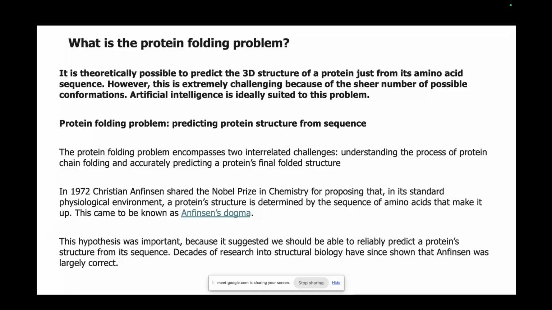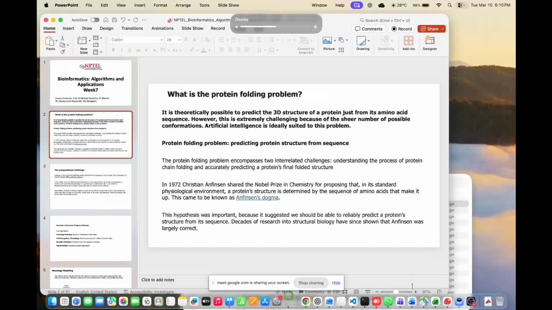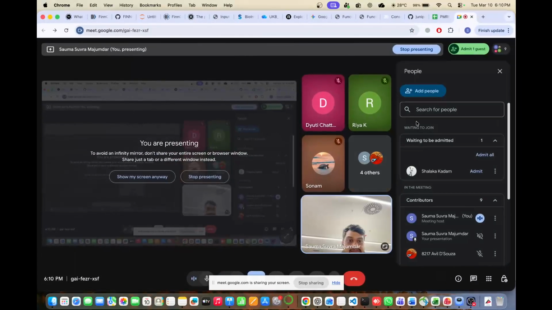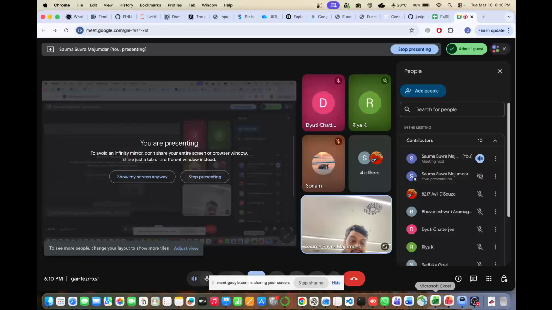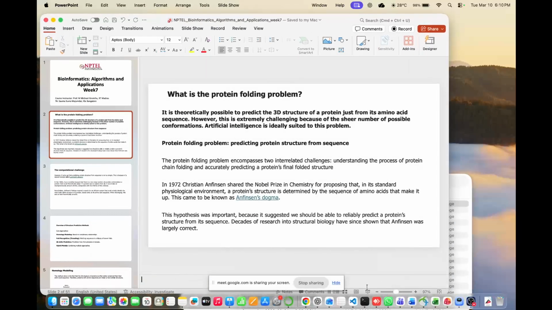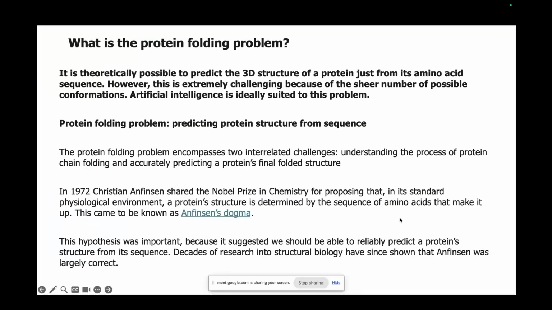But the thing is, if you want to go for experimental techniques, most of them are very expensive, and you have hundreds and thousands of different proteins. If you want to do crystallography for each of them, it becomes very extensive financially, and it will be very time consuming to predict everything.